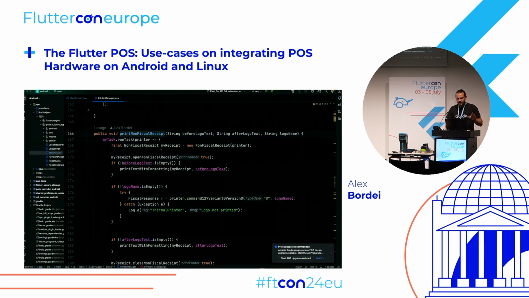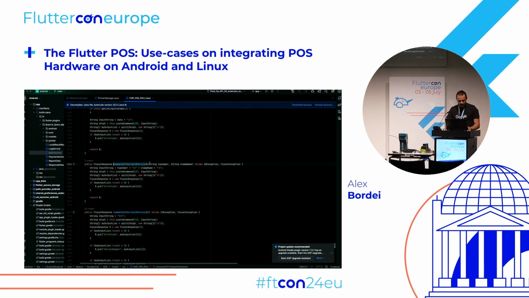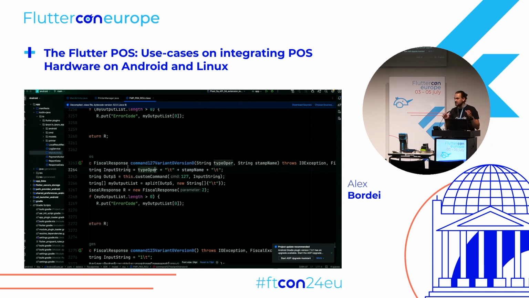So we made it by just sending this intent command variant, which, if we go more deeply into it, is like a fiscal response with some encoding and some data that needs to be sent over serial intents. Basically, what they did on this device, they took an Android device and connected the rest of the devices through a serial interface, including the fiscal module, and they gave an SDK: this is the communication code, you can make it.